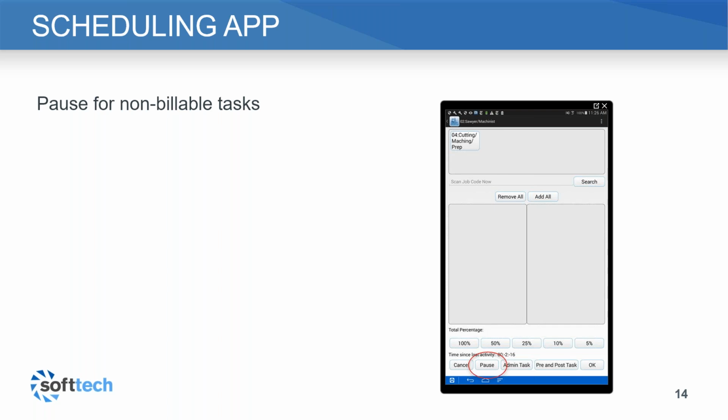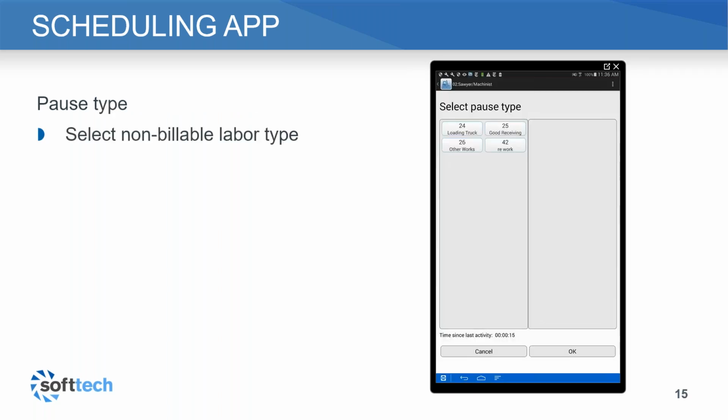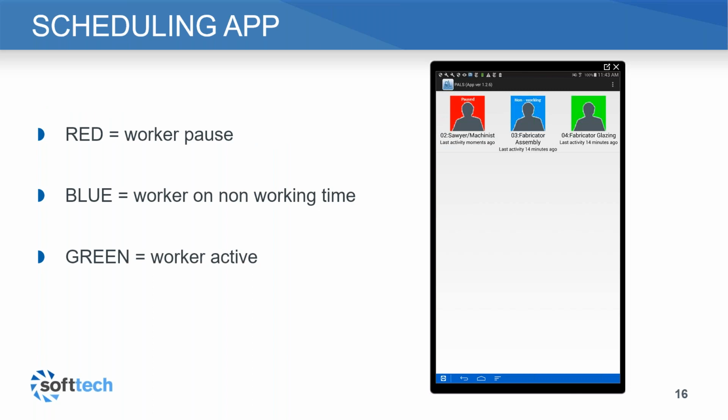These are tasks that are not in V6's quoting package. So we could have a pause type like loading a truck, receiving goods, other works or reworks. We could have meetings. So this will now capture the time that your workers are spending on non-billable actions. So we can select it and hit OK, and now we're capturing the time.